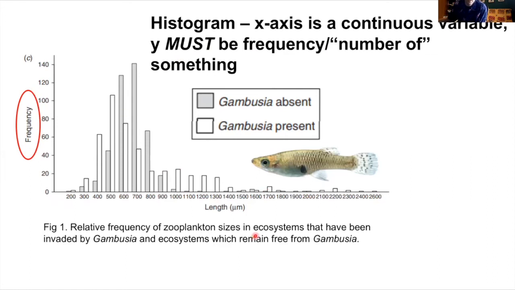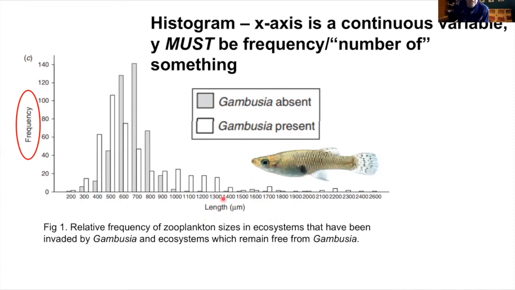This is a figure taken from a paper produced by a student of mine, looking at the impact of this little fish. It's called Gambusia holbrooki. It's a highly invasive small poeciliid, especially in Australia. And he was looking at the length of macroinvertebrates, so bugs in the water, when you've got these present and when you haven't.